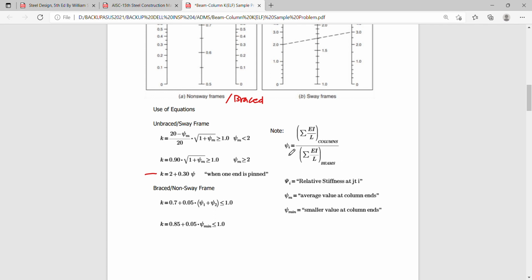Hence, psi will simply be undefined. To take care of such misbehavior, K for this condition is given by this formula here.